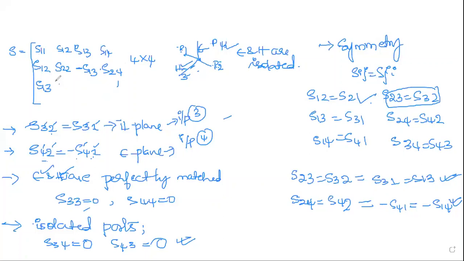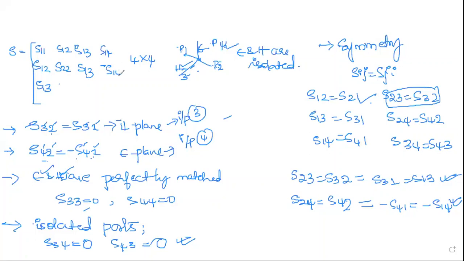Ma'am, S23 is S13, ma'am, not minus. Sorry. Oh, yeah, correct. S24 will become minus S14. S23 will become S13. Then the next term becomes minus S14 because it is equivalent to S24.